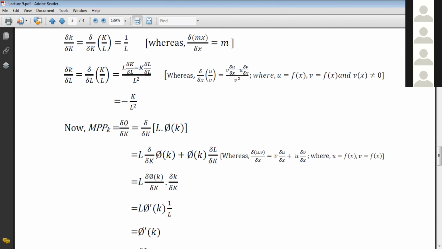If we differentiate this, we can write phi prime of small k. Then we have to differentiate small k, the capital labor ratio, with respect to capital K. We have already found the differentiated value of the capital labor ratio with respect to capital K. This one is 1 by L. Can you see this? 1 by L.